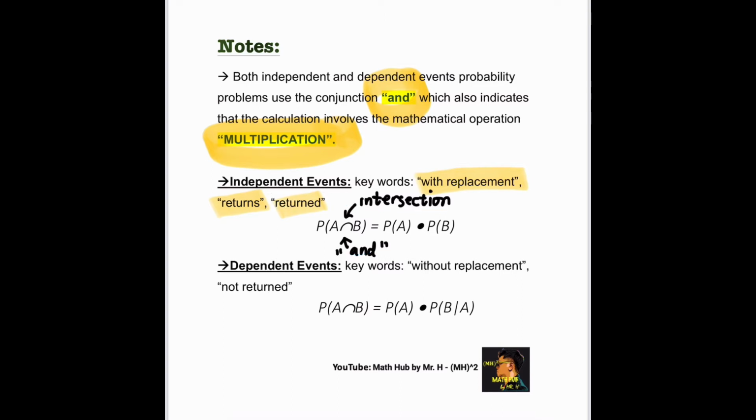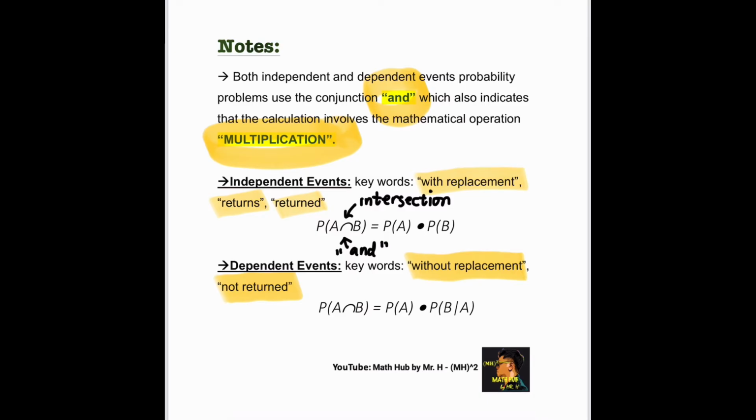All right, so the last thing that you need to take note of is the keywords that are normally used for dependent events. So you have to look out for these clues, all right? The keywords are "without replacement" or "not returned".